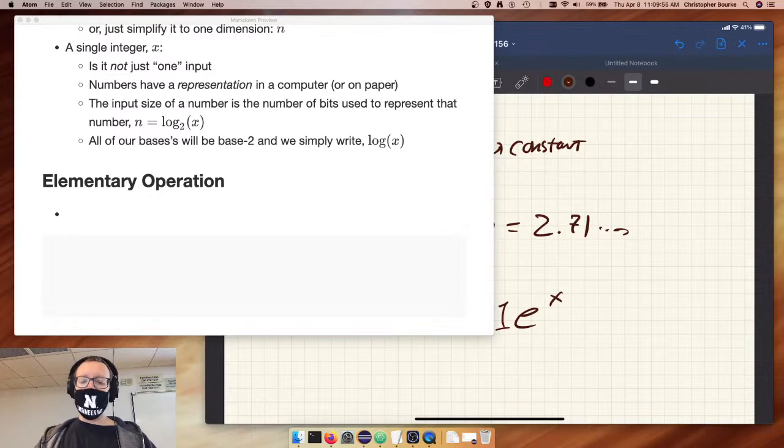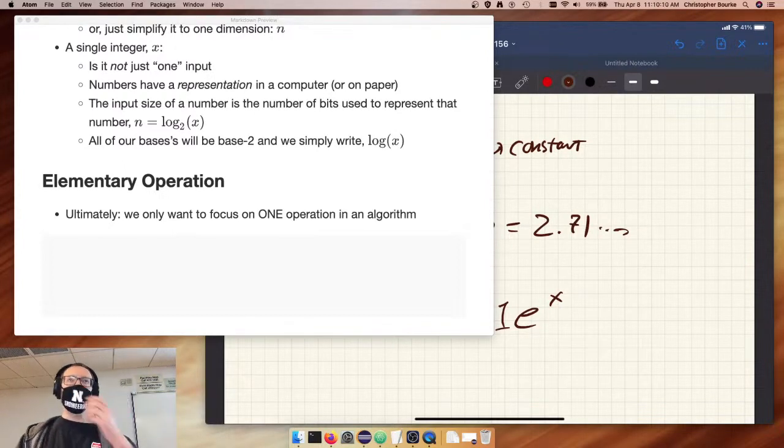So ultimately, we only want to focus on one operation in an algorithm. An algorithm might be doing a lot of things. It might be doing a comparison, it might be doing a division, it might be doing a summation, it might be doing a whole bunch of different things. We don't want to consider 10 different operations.